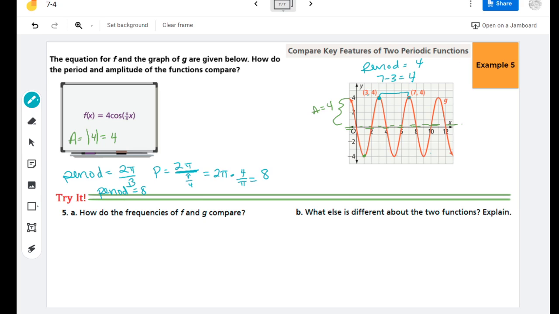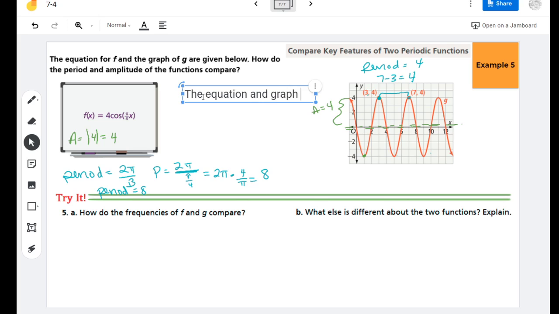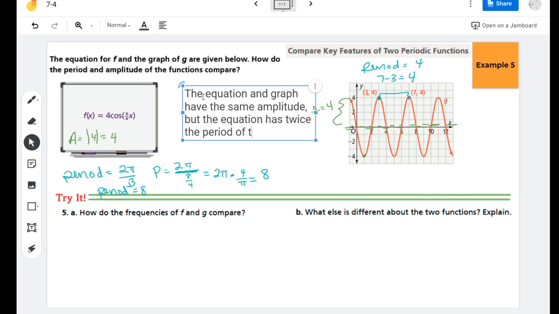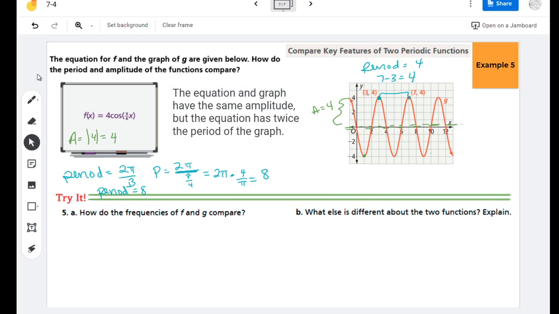Comparing the period, I'm going to say the equation and graph have the same amplitude, but the equation has twice the period of the graph, because the equation has a period of 8 and the graph has a period of 4.